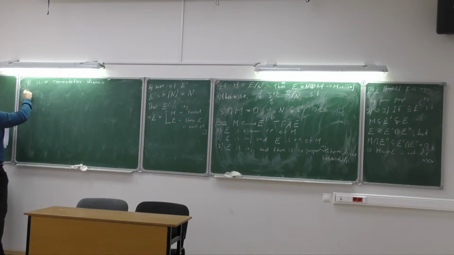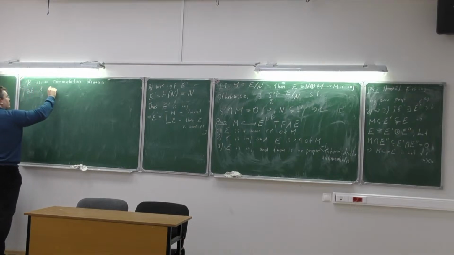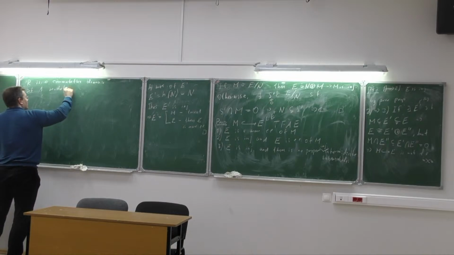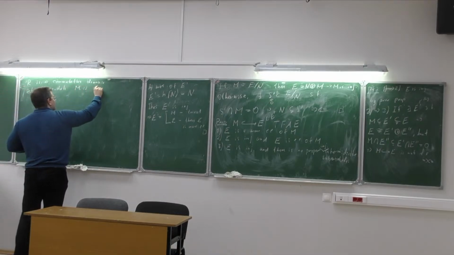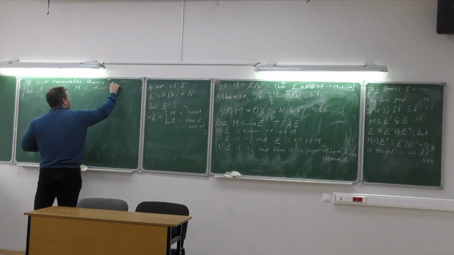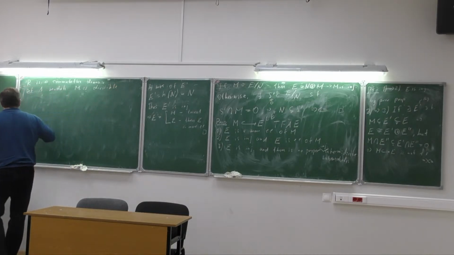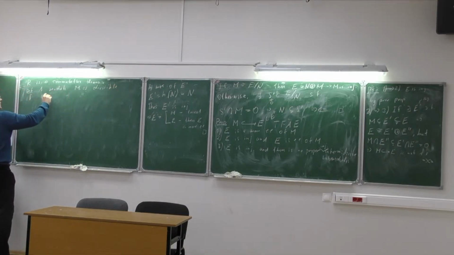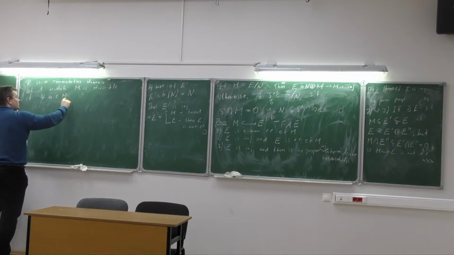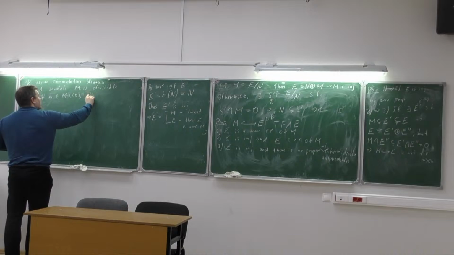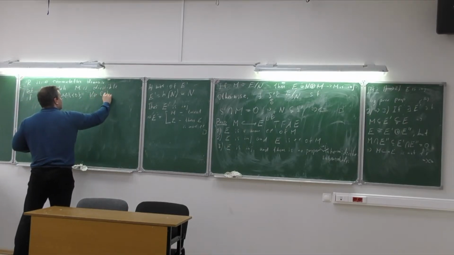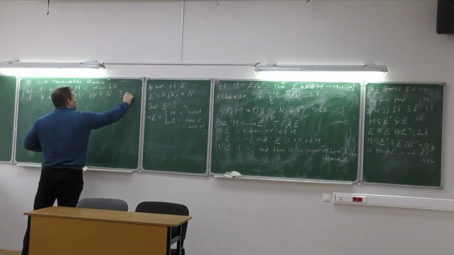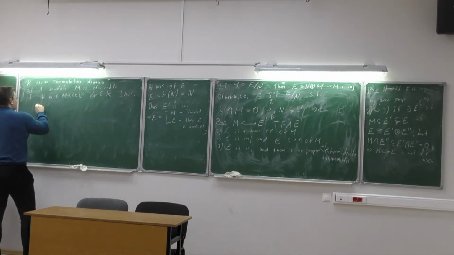So let's say this is a definition: a module M is divisible if for any m in this module which is not equal to 0 and for any r in the ring, there is m prime such that m is the product of r and m prime.